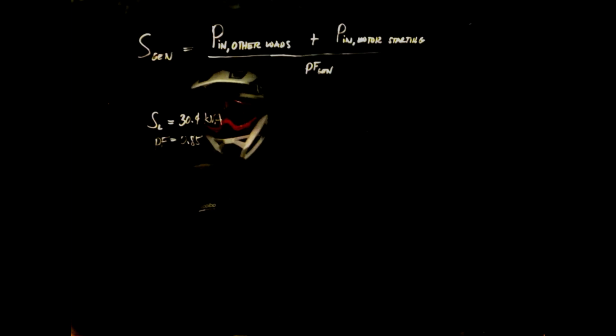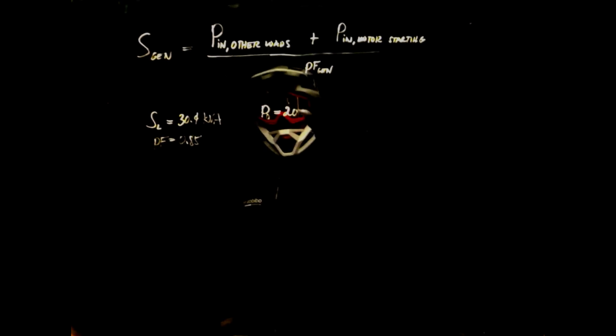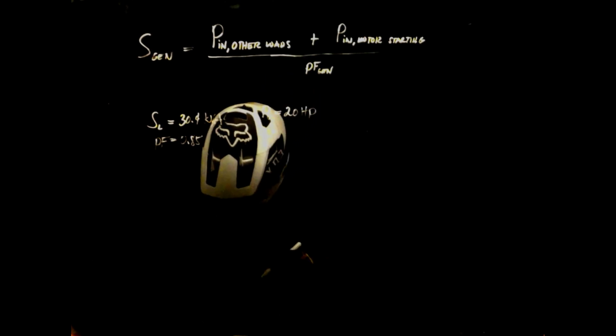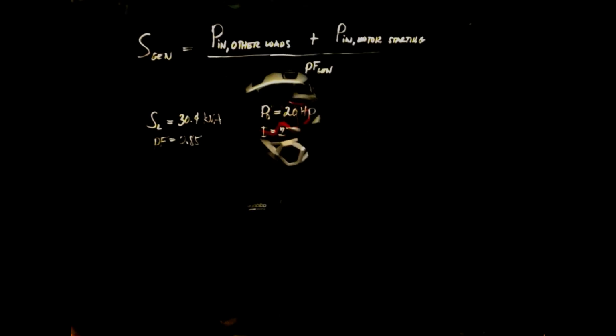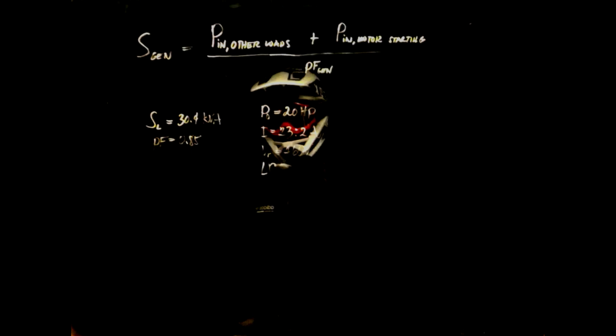For your motor, you have 20 horsepower, you have rated current of 23.2 amps, rated voltage at 460 volts, lock rotor multiplier of 6.